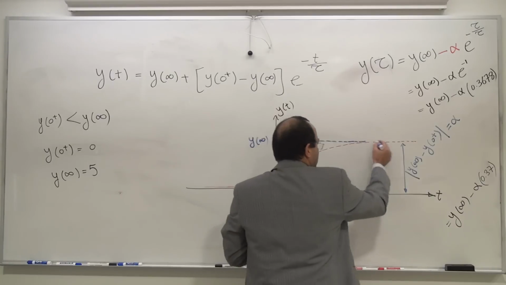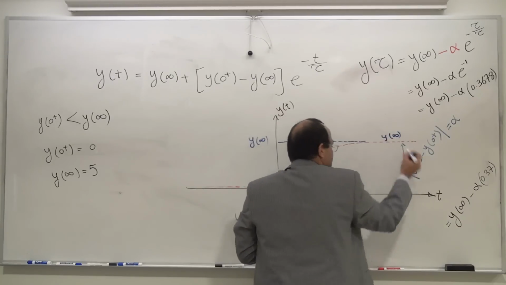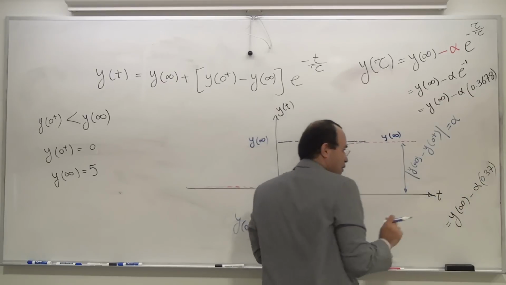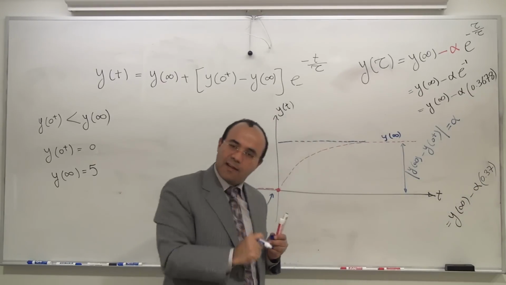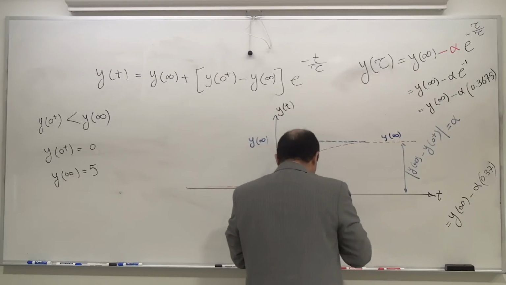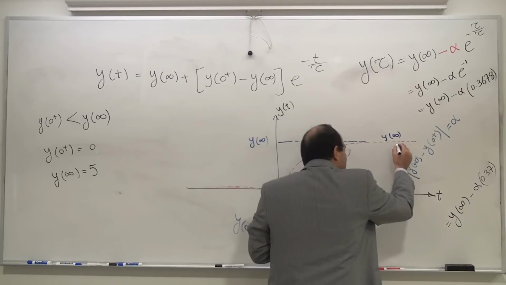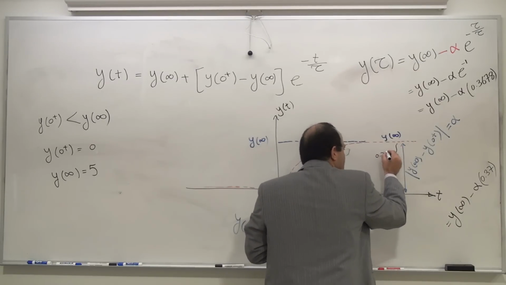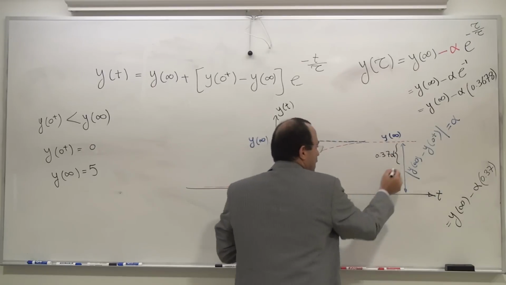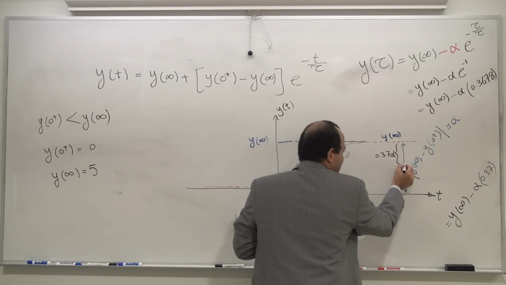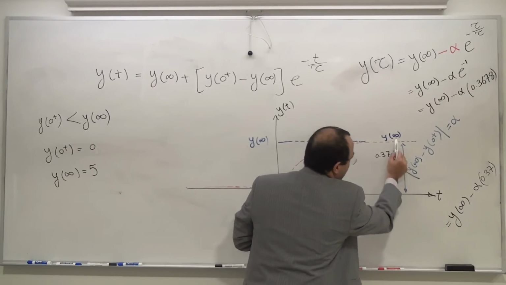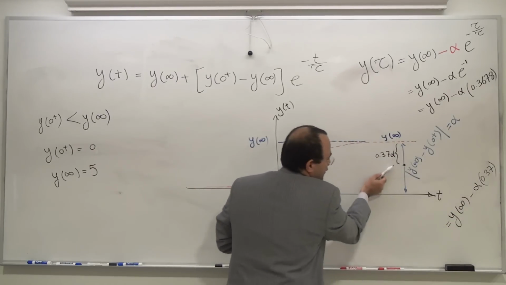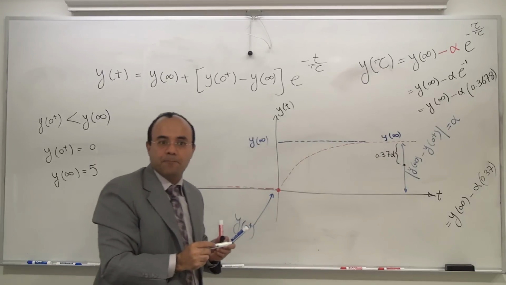If this is y of infinity, find the gap, alpha is positive in my process, and give me 37% less. So what you're trying to tell me is this: get me 0.37 of alpha and get yourself to this point. What is this? This is y of infinity minus 37% of the gap.